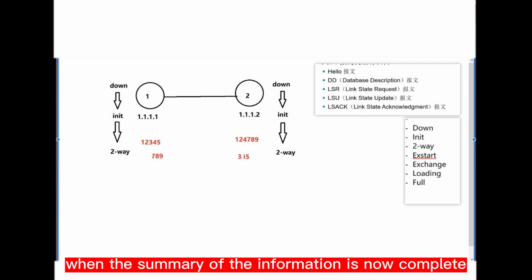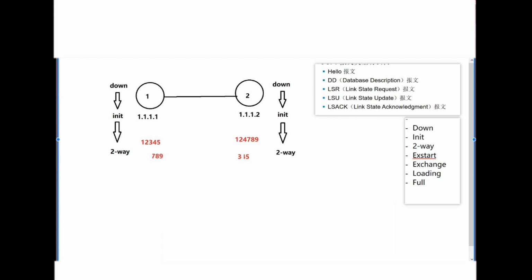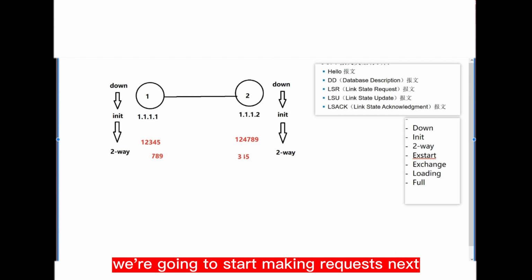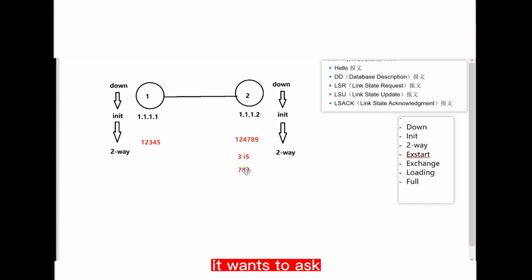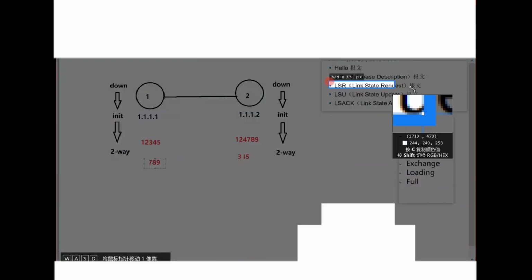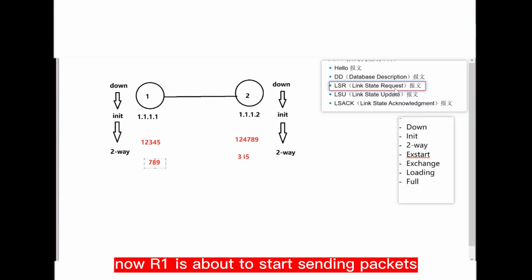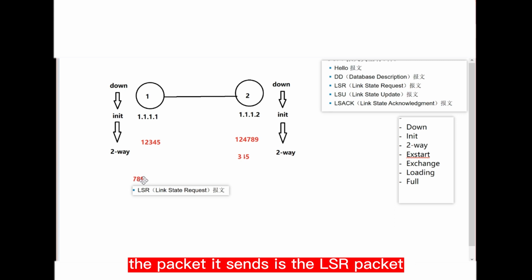Then when the summary of the information is complete, we're going to start making requests next. You can see that R1 does not have this 789 locally. It wants to ask. This is the request. For example, now R1 is about to start sending packets. The packet it sends is the LSR packet.